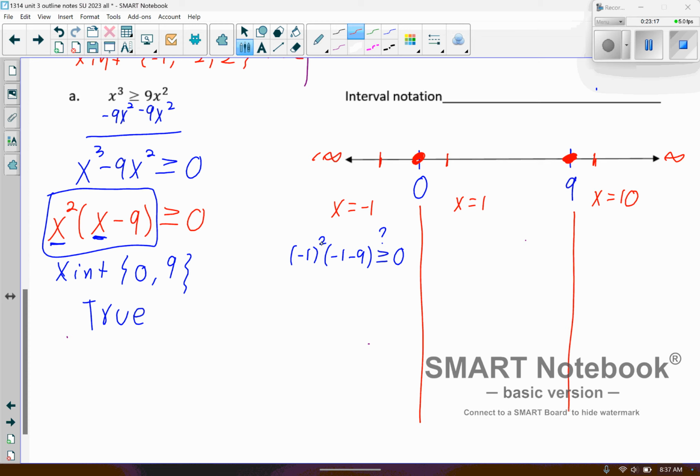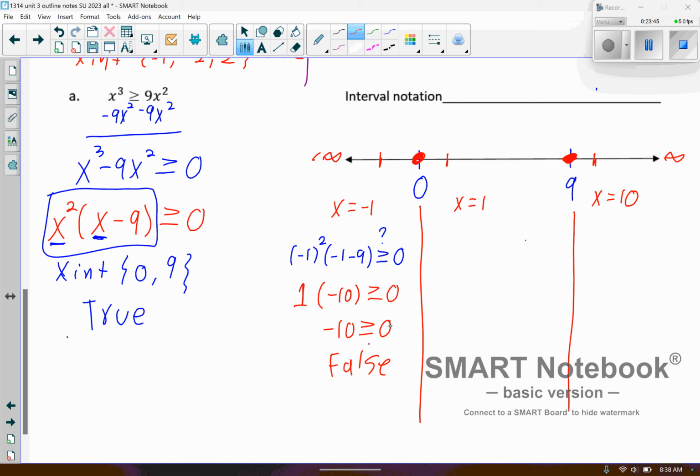Well, negative 1 squared becomes positive 1, and negative 1 minus 9 becomes negative 10. Multiplying those together, you get negative 10 is greater than or equal to 0. That is false, so we do not want to shade that area.